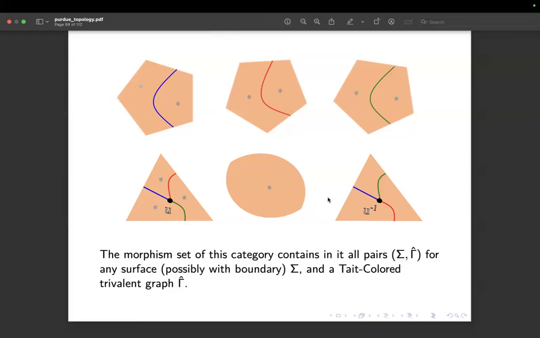One accommodates all the graphs that we want to 3H color, and one category accommodates all the graphs that are 3H colored. And then the idea is that once we have such a category that accommodates all 3H colored graphs, we can try to redefine graph coloring in terms of lifts.